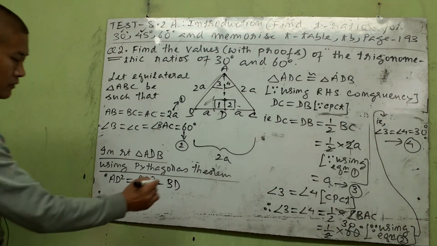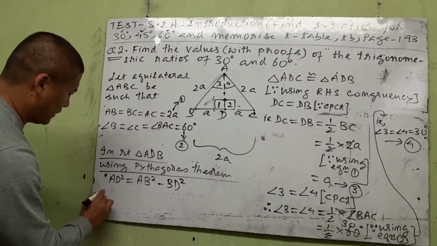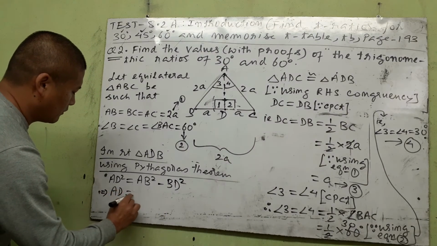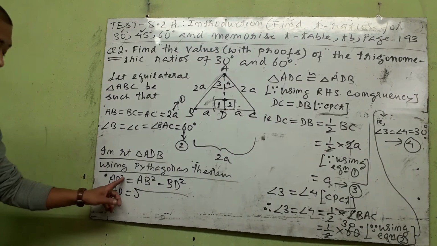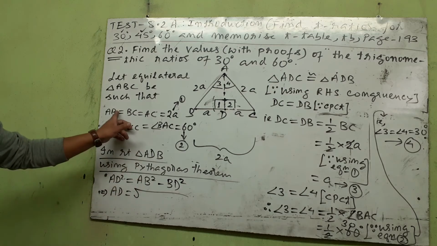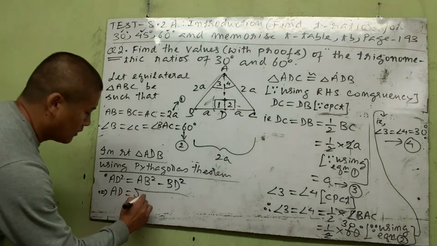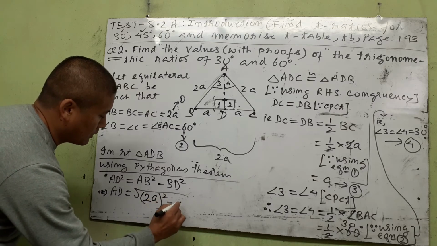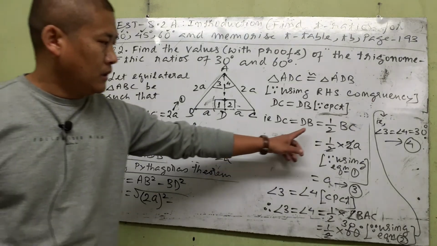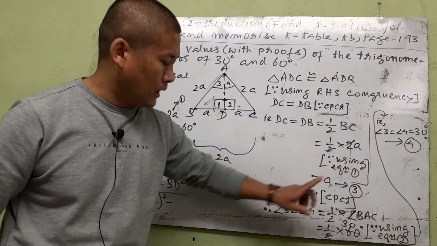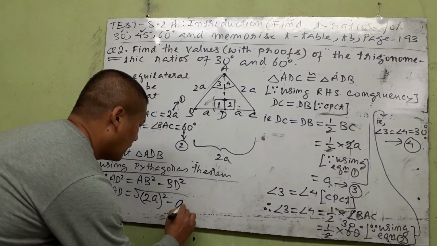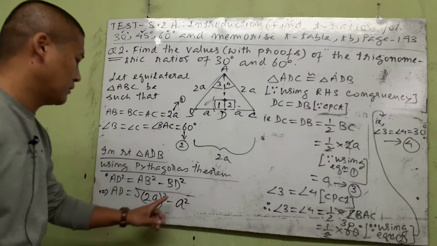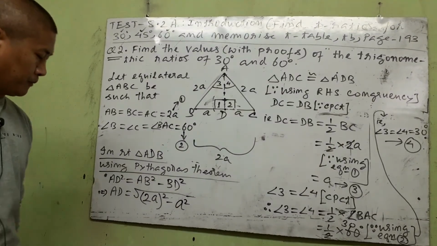That implies AD will be equal to root over AB square minus BD square. AB is 2A, so 2 and A are factors, so we must put a bracket, otherwise it's wrong. Minus BD, DB is the same, so BD is A, so A square. No need to put a bracket because A alone is the factor.